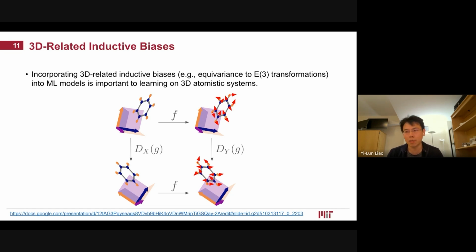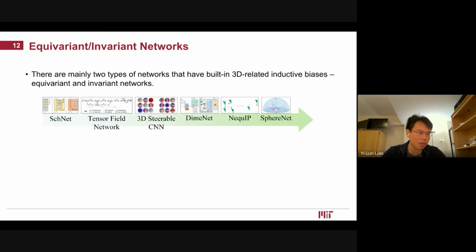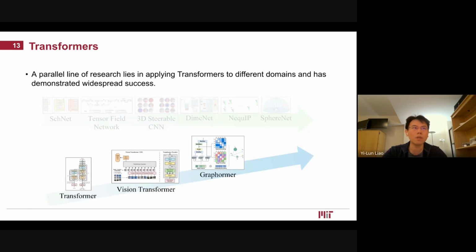Maybe it would be helpful to incorporate this invariance or equivariance into the ML models as some sort of inductive biases. Over the past few years, there have been at least 2 classes of networks that have this built-in 3D-related inductive bias: equivariant networks and invariant networks.